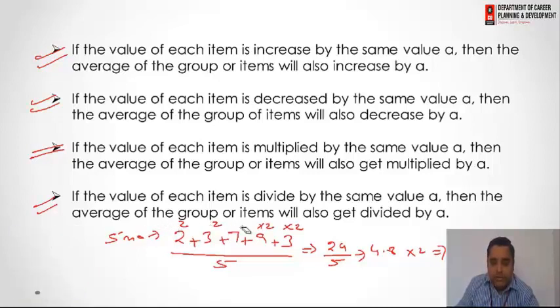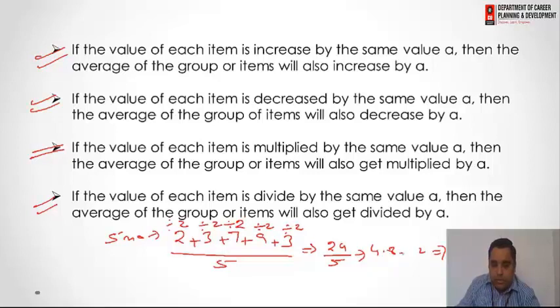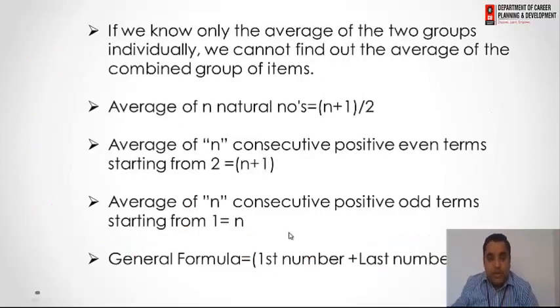Instead of this multiplication sign, if we have the division of all numbers by a certain value, then the average is also divided by the same value. Hence the answer of this is 2.4. Now this is the base of the average that we need to understand before proceeding further.